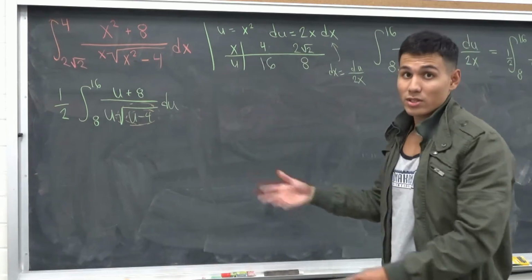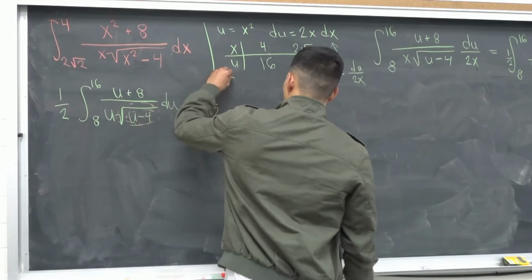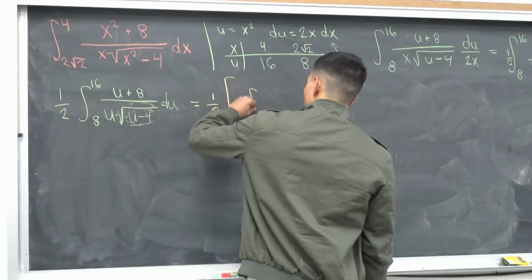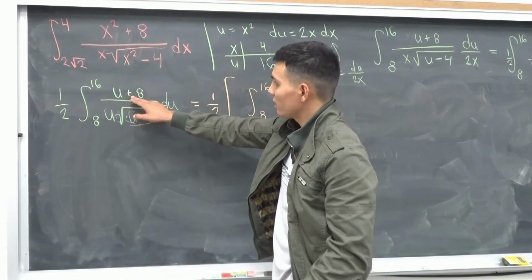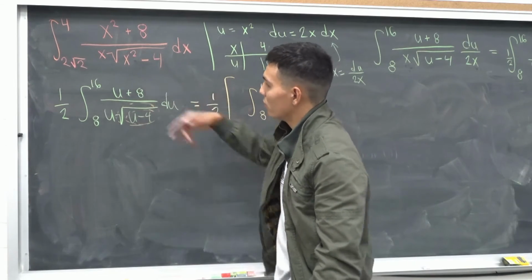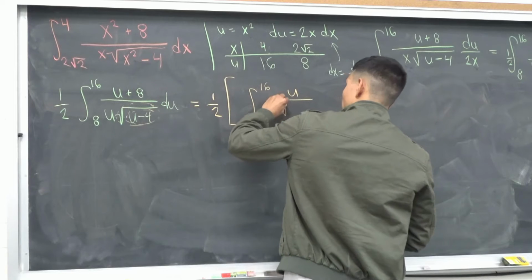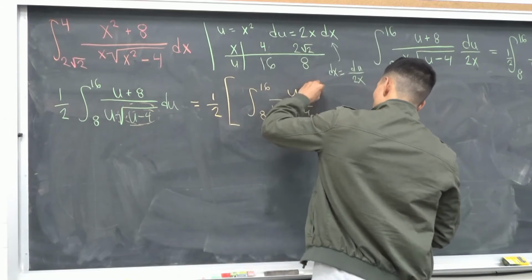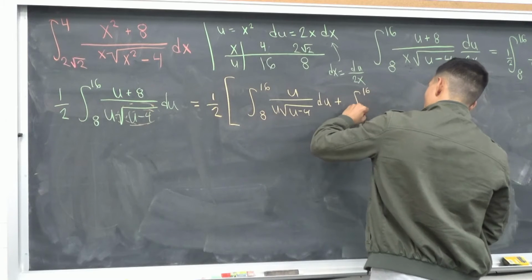In fact, you would still get the answer, but I see a trick here that we could make it a lot easier. Factor out 1/2, and then we could write this as 16 to 8. And note that this is, look at this. This is the numerator. So since it's the numerator, you can write it as u minus 4 du plus 16, 8.